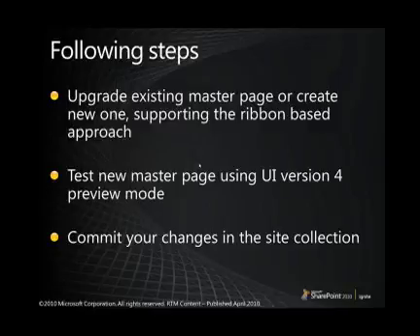So it's basically up to the case. In this case, it's a global communication intranet, which is using the same master page throughout multiple site collections. It would mean that whenever the new master page is available, we would commit the changes, which basically means that we are committing the UI version 4 when the changes are done and tested properly.